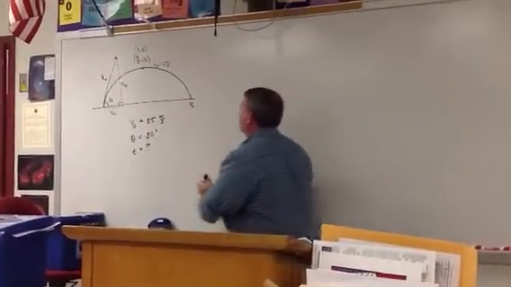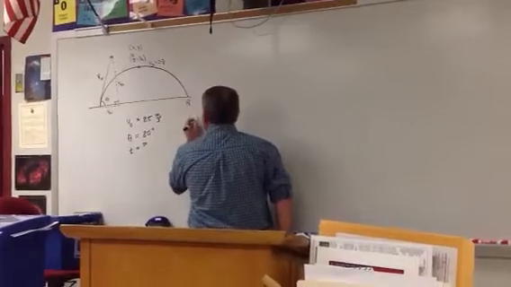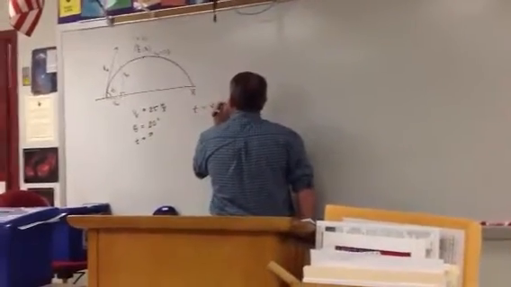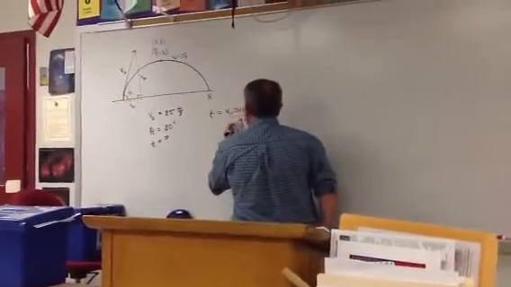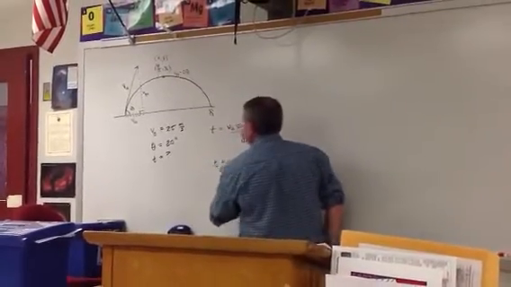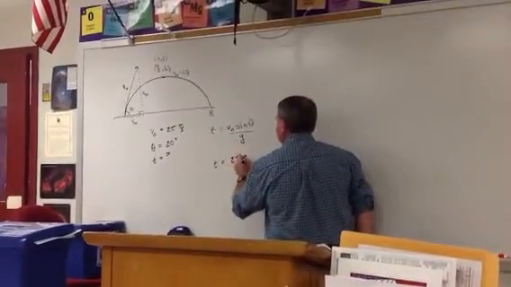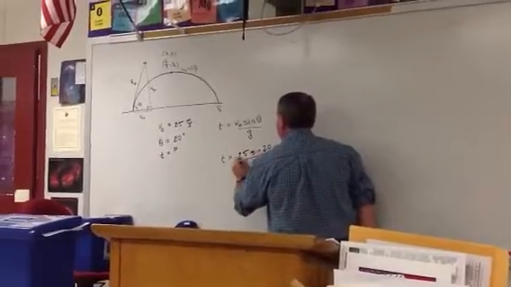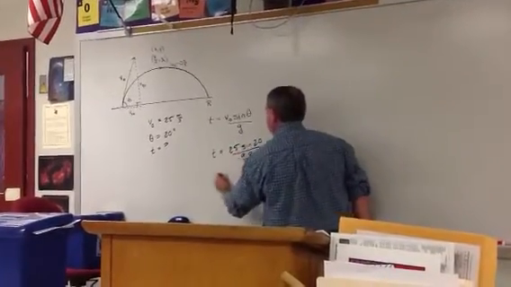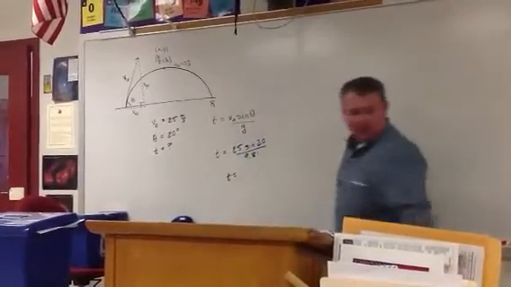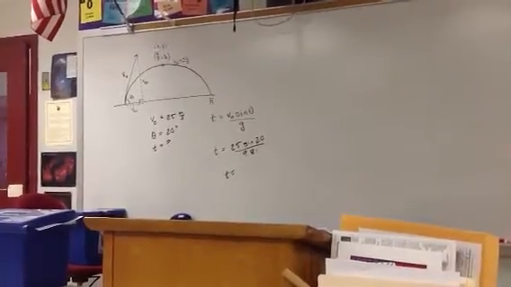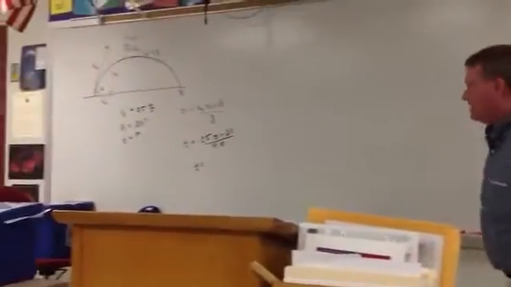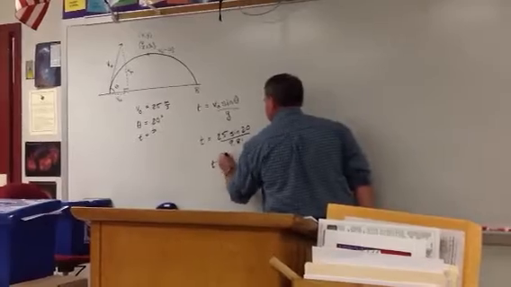All right, now let's solve for the time t. t is equal to V0 sine theta divided by g. Time is equal to 25 sine 20 divided by 9.81. If we punch this in our calculators, we're going to get a time of 0.8716 seconds.